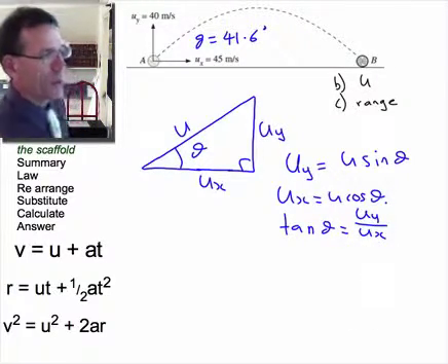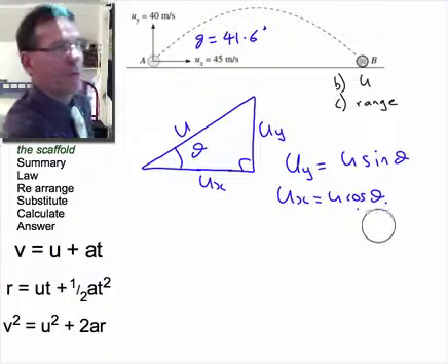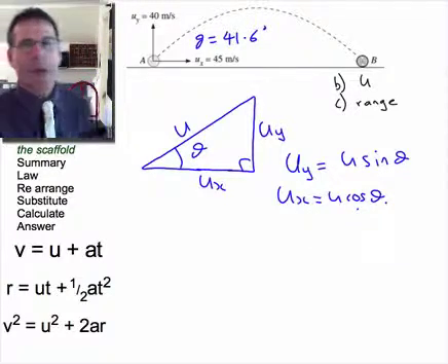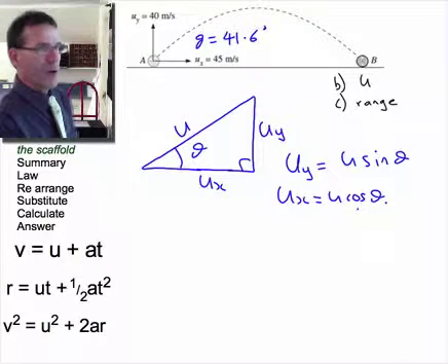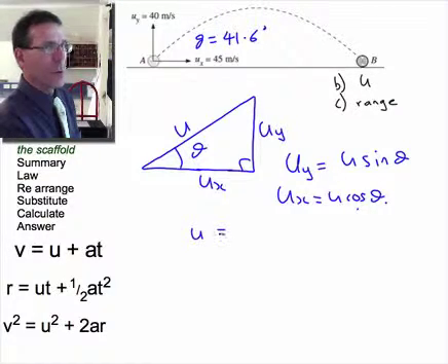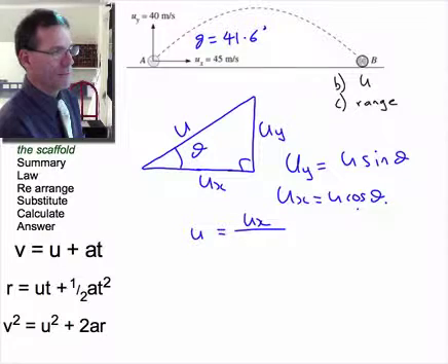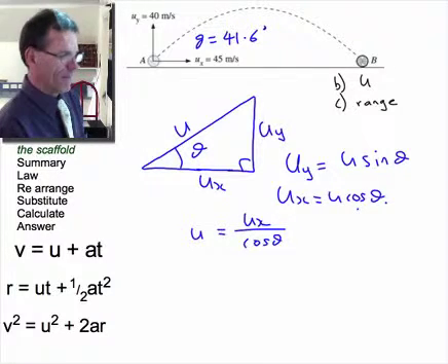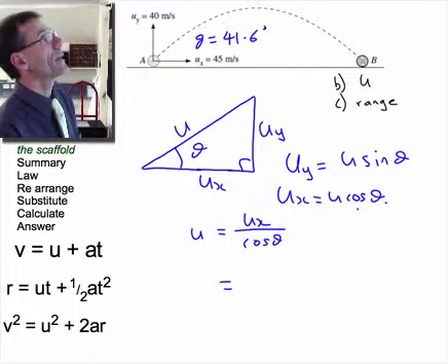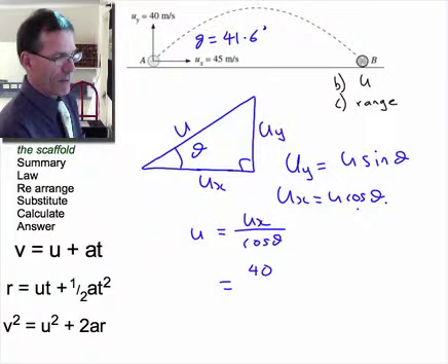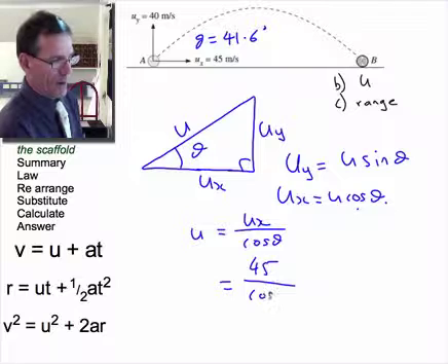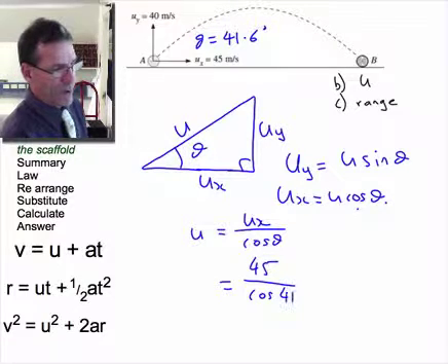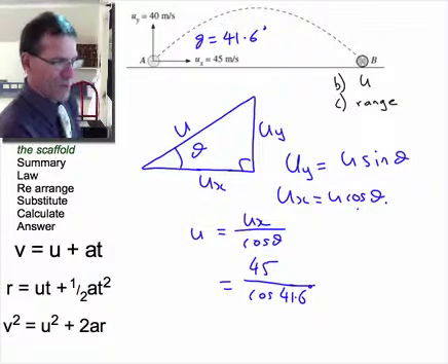Then we can use that in either of these two laws. It doesn't really matter which one we use, we can rearrange either of them. Let's use the ux. Rearranging, u equals ux divided by cos theta, which is 45 divided by the cos of 41.6 degrees.